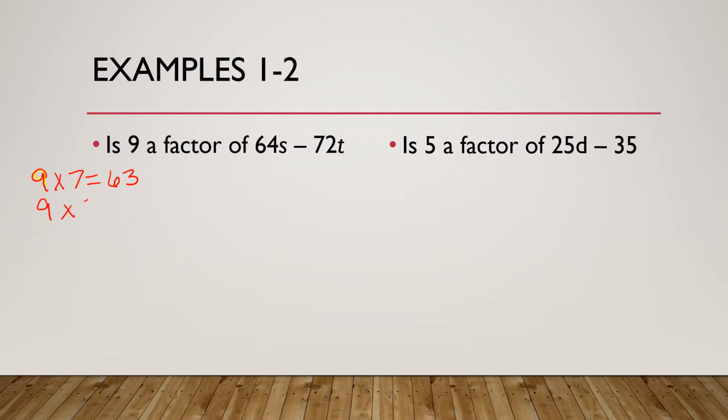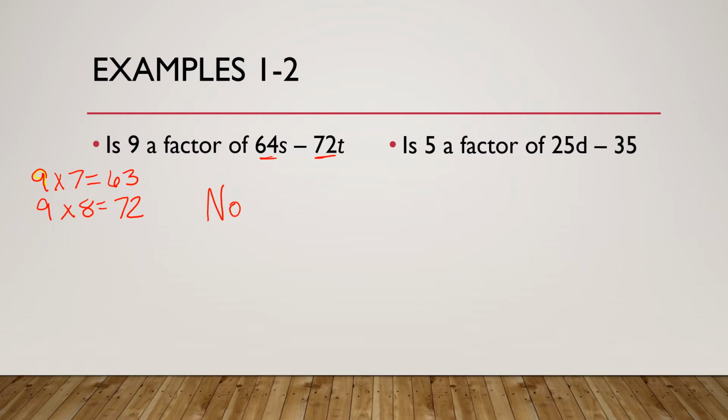And 9 times 8 is 72. So 9 is a factor of 72, but not of 64. So therefore, since it's not a factor of both numbers, 9 is not a factor of that expression as a whole, 64s minus 72t. So we would say no, because it has to go into both of those numbers.